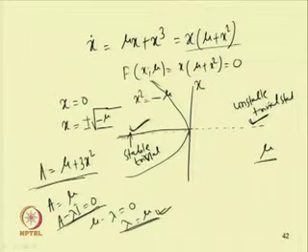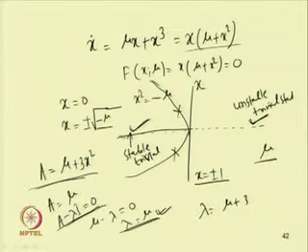Now, corresponding to any point, let us take x equal to +1 or -1. So these 2 points. In this case, A minus lambda I equal to 0, so lambda equal to mu plus 3x square.